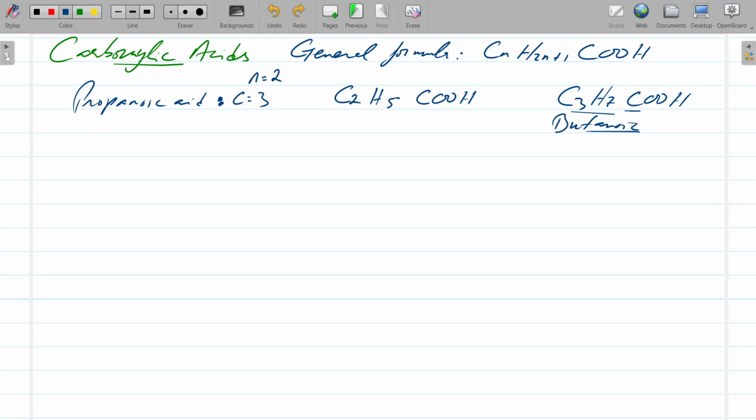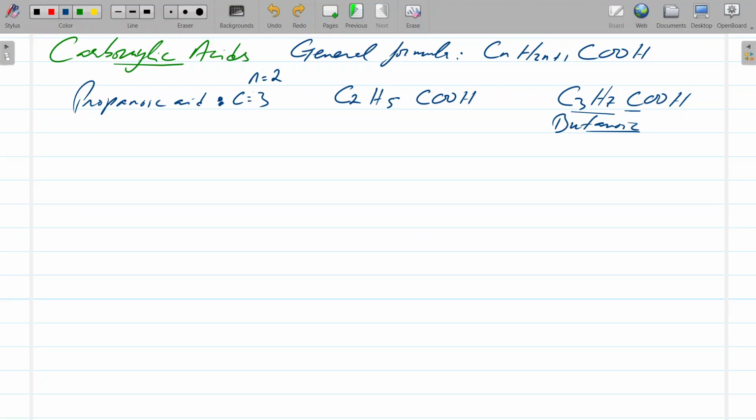But we have only 6 hydrogens. The hydrogen is not our main concern. Like I said, and as the book says as well, the main concern with hydrocarbons and organic molecules is the carbons.